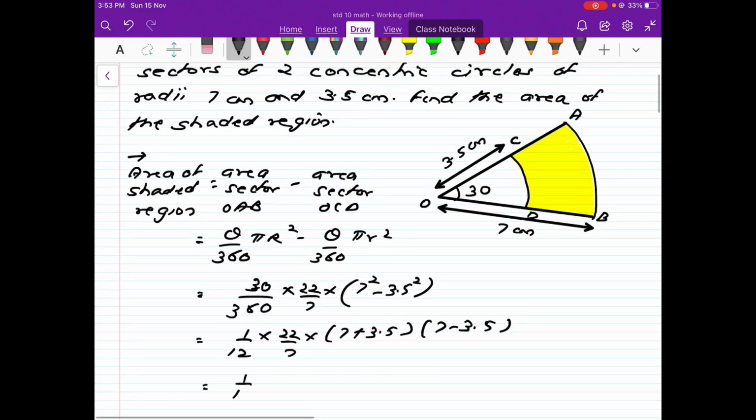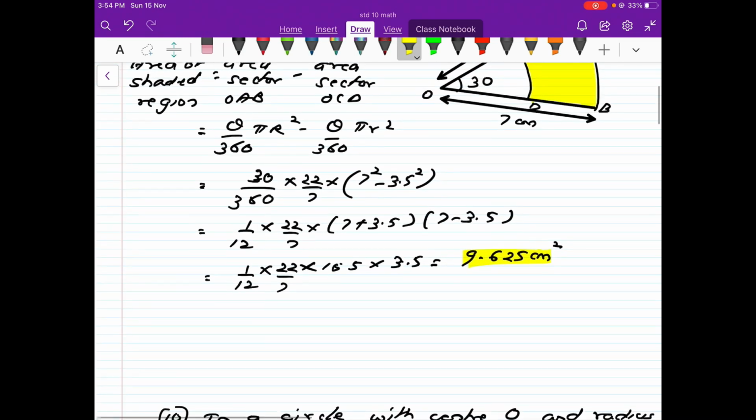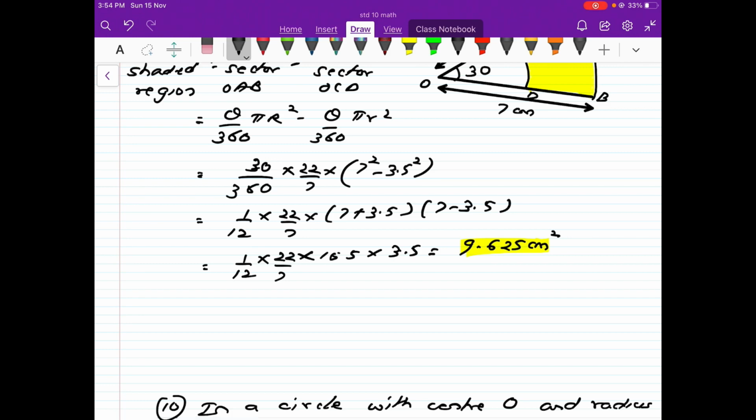So this becomes 1 upon 12 into 22 by 7 into 10.5 into 3.5. When we simplify this, we are getting 9.625 centimeter square, which is the area of the shaded portion.